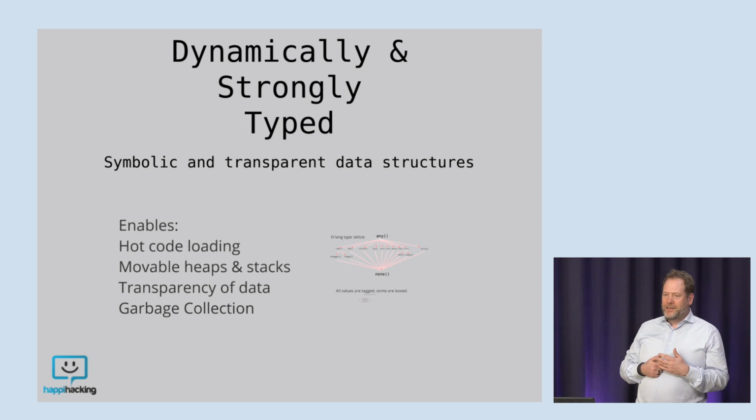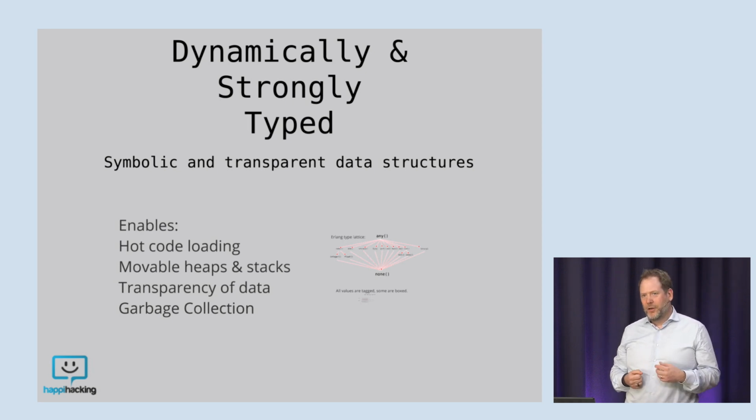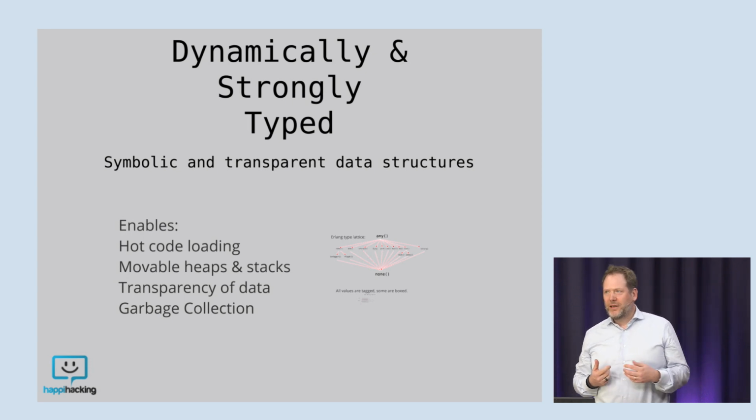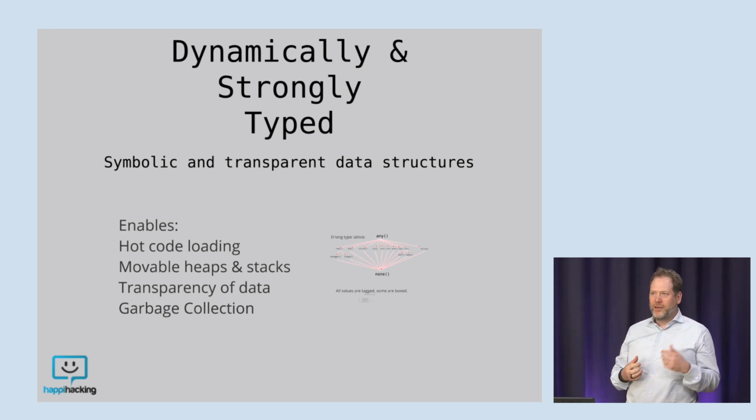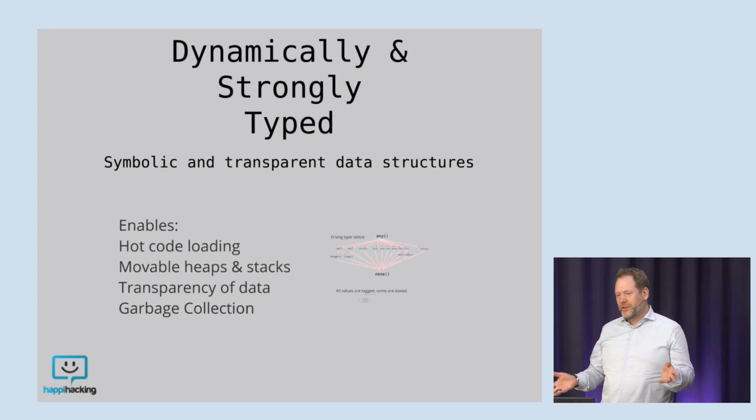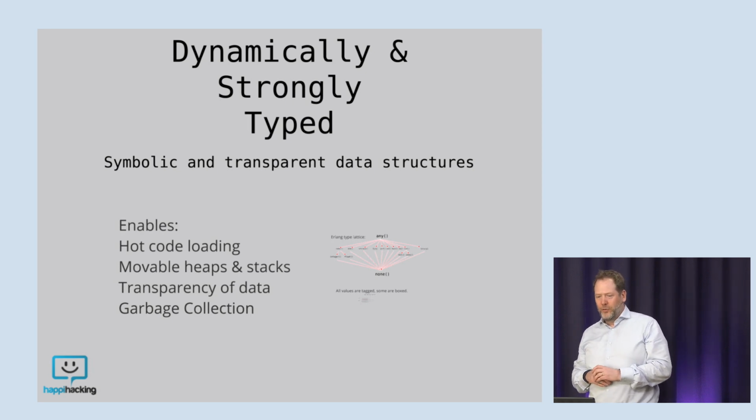So Erlang is dynamically but strongly typed. You cannot do what you can in some languages like JavaScript, adding a string to an integer, or in C, where everything is just data or pointers and you can basically try to do whatever you want with it. In Erlang, it's strongly typed, so if you try to add a number to a string, you get a runtime exception.